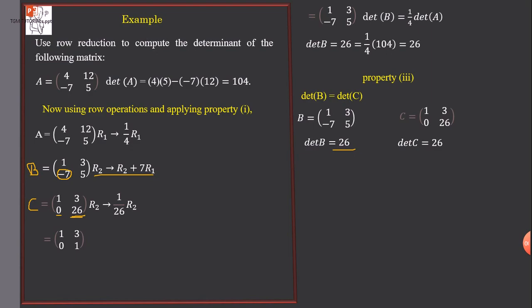Let's say this matrix is D. Here we have applied the same property as in the first operation, and the determinant of D should be equal to 1 over 26 the determinant of C, according to the first property. The determinant of D is equal to 1 and the determinant of C is 26. So to make sure that the determinant of D is equal to the determinant of C, we multiply 1 over 26, which is the scalar we used, by 26, and we get 1.